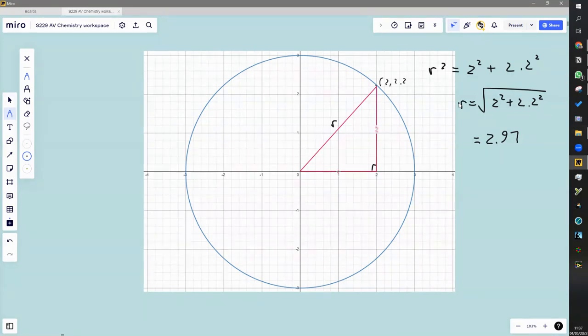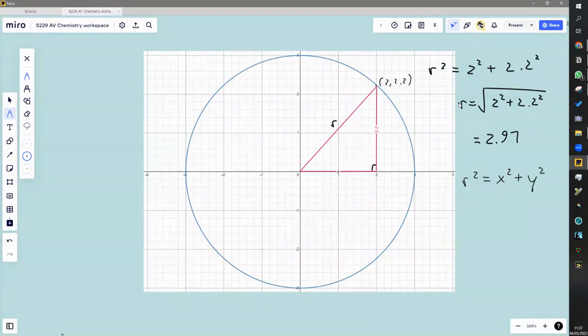So the height is whatever the y coordinate is, and the base is whatever the x coordinate is. In other words, the radius squared is going to be equal to x squared plus y squared for any point on the circle, and it works in the other 3 parts of the circle as well. It will always follow this formula.